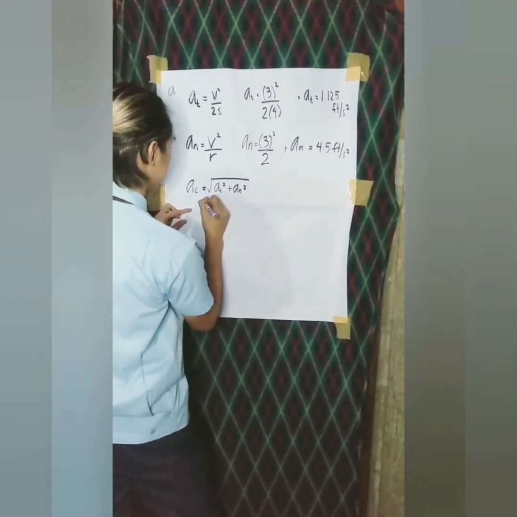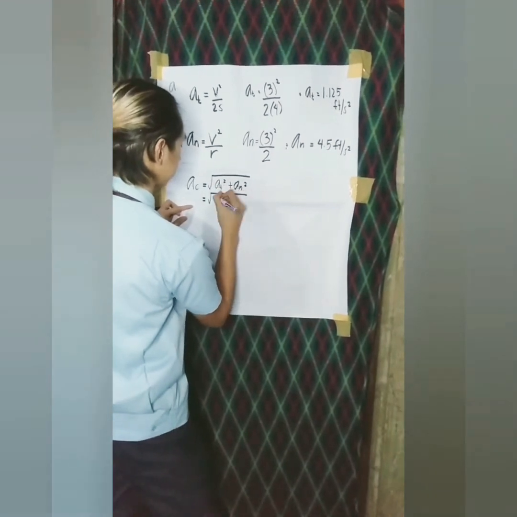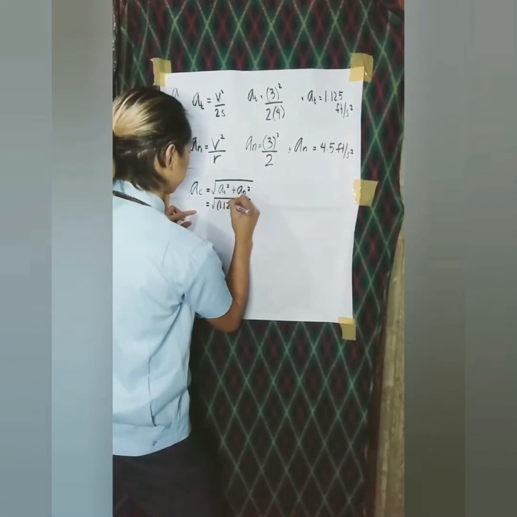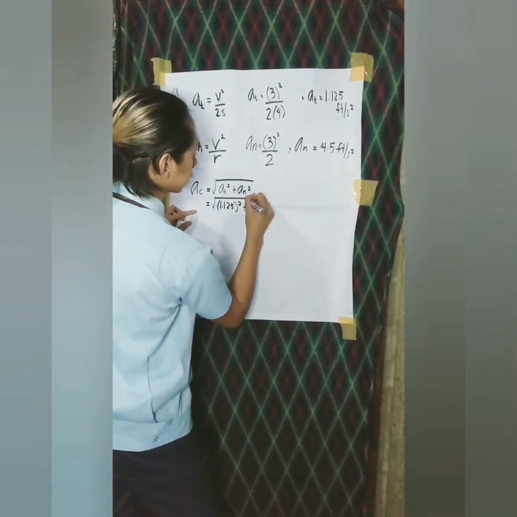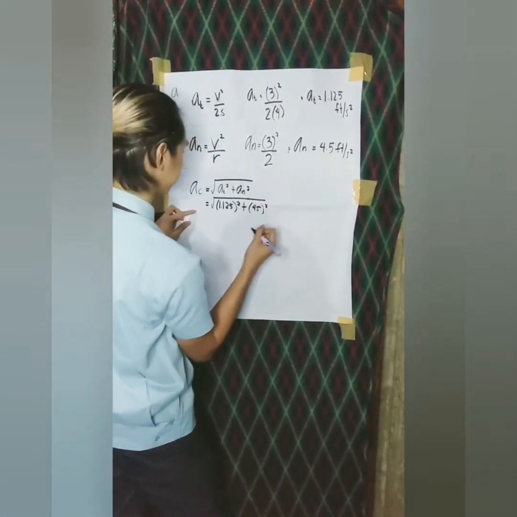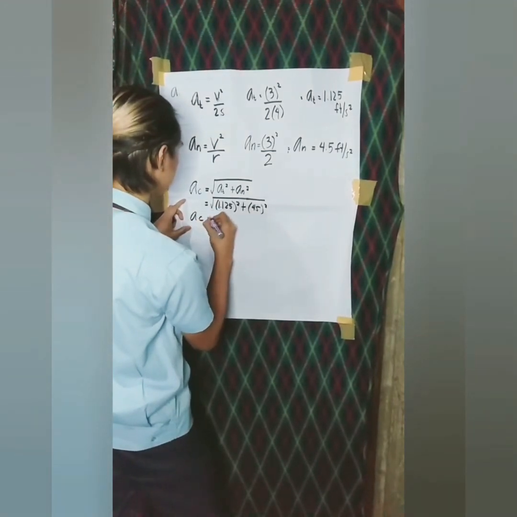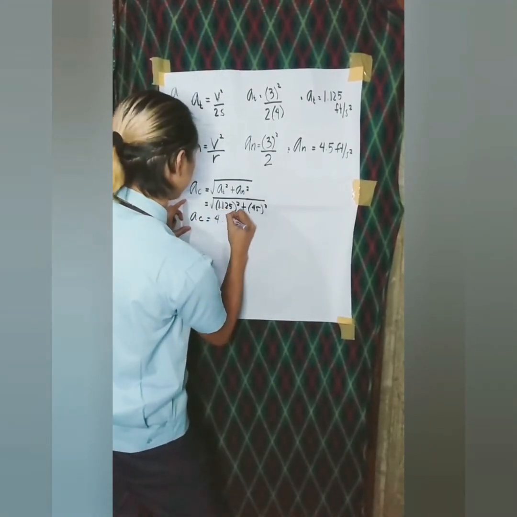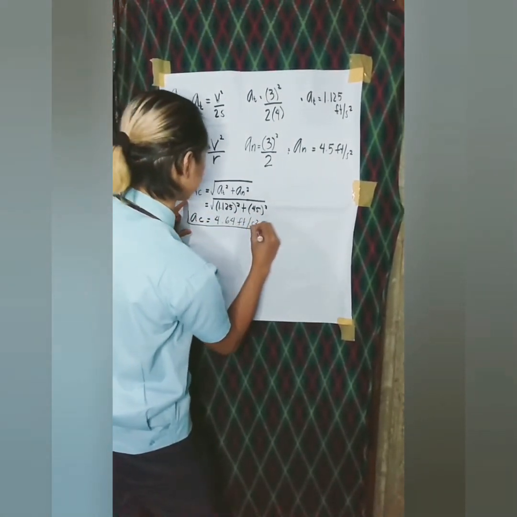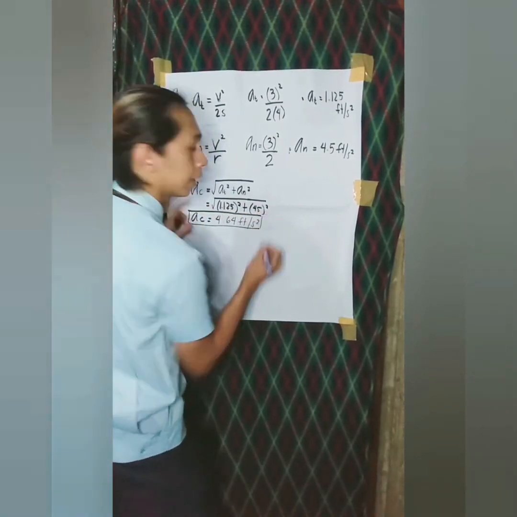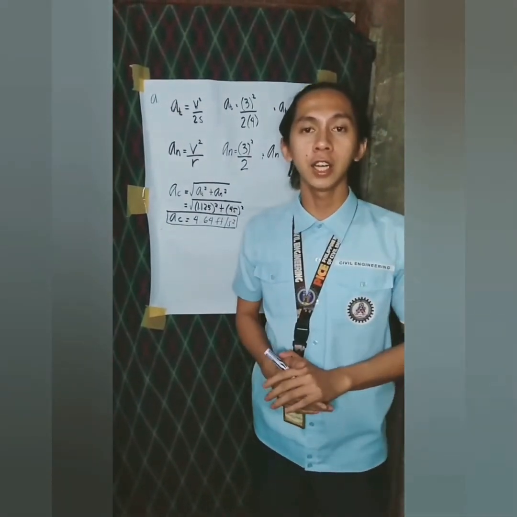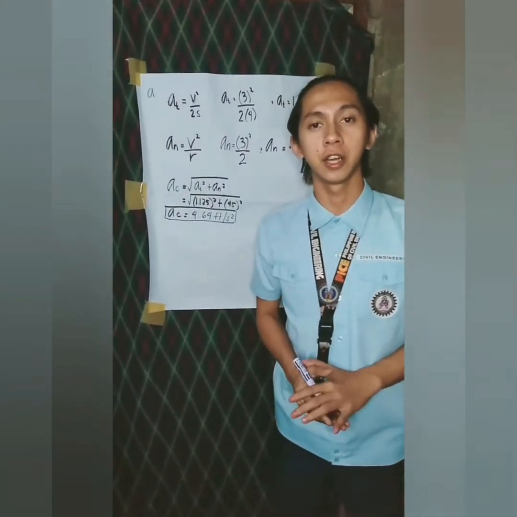Substituting the values, AT is 1.125 squared plus 4.5 squared. AC is equal to 4.64 feet per second squared. So this is the answer for letter A.